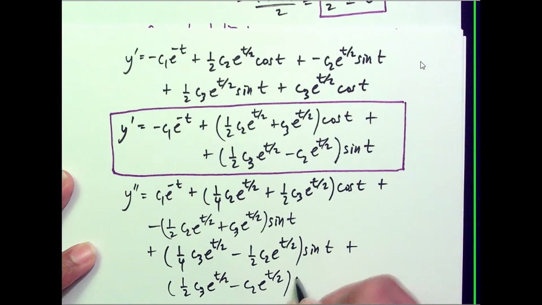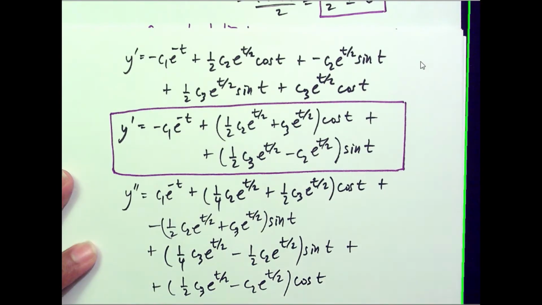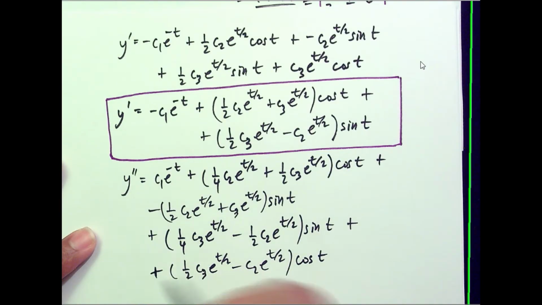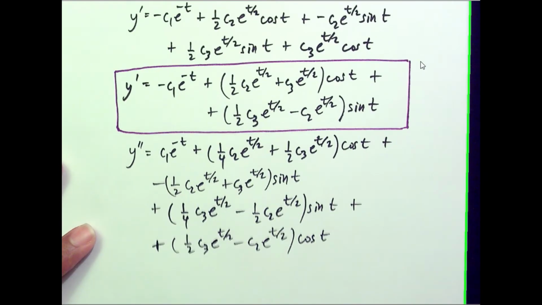The derivative of sine is cosine. Okay, all of that is the second derivative.